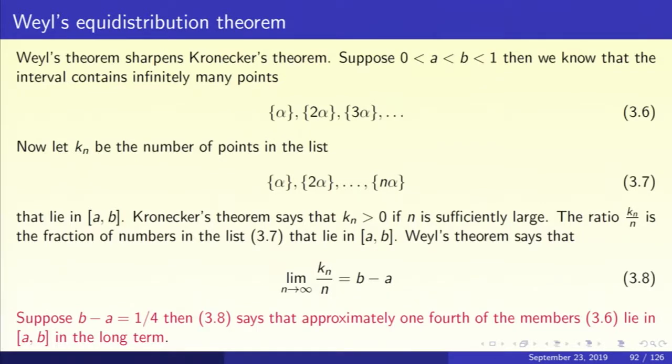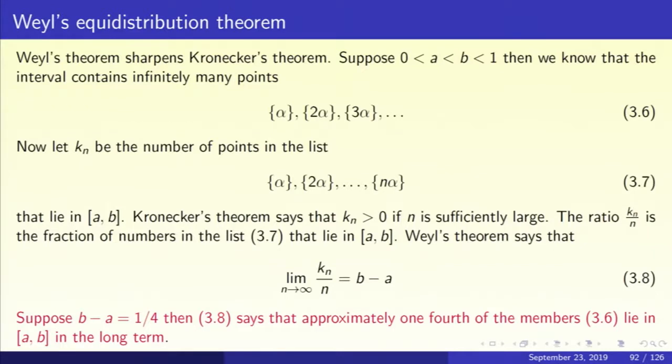So now let us look at k_n by n. k_n by n tells you what fraction of the elements in 3.7 land up in the interval (a, b). Now I take n to become larger and larger. So in some sense I want to look at the limit as n tends to infinity of k_n by n. Weyl's theorem says that this limit 3.8 exists and it is exactly b minus a.